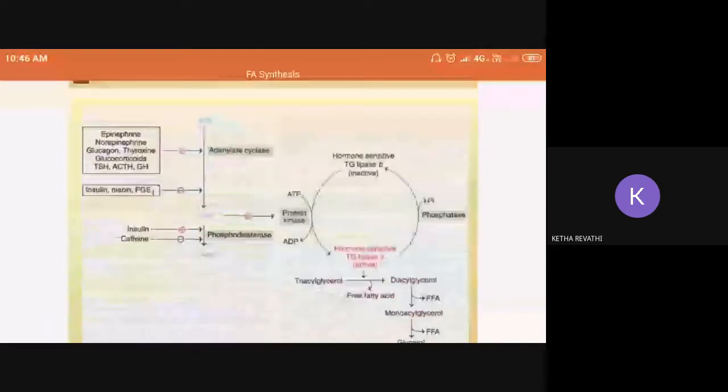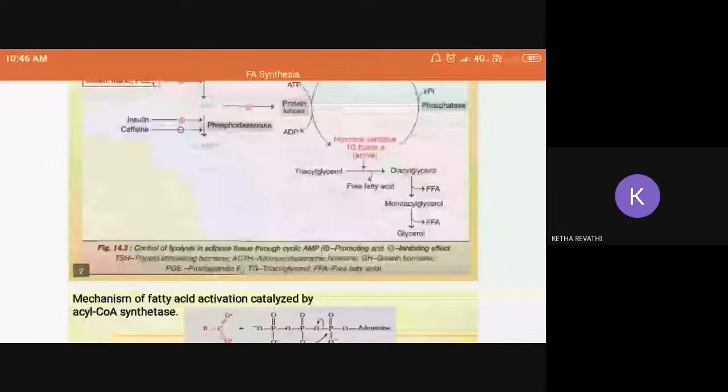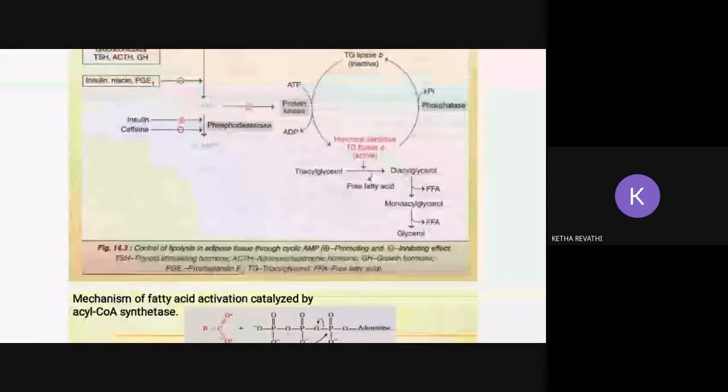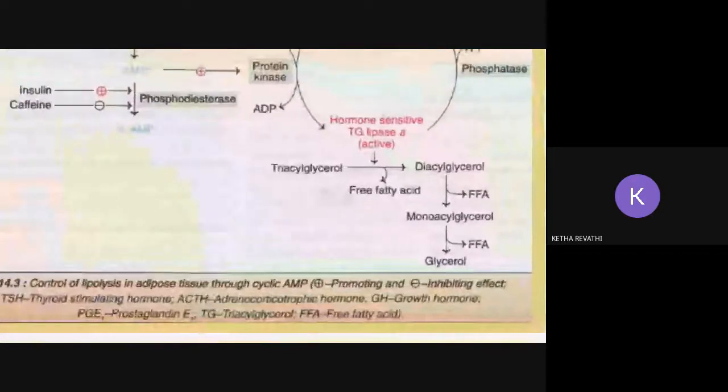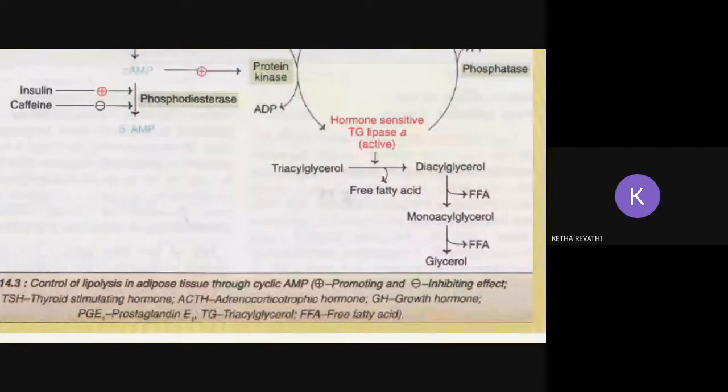Before explaining these three steps, you have to write this: fatty acids are present in the form of triacylglycerols. There are no free fatty acids in our body. 90% of fat is deposited as triacylglycerol in the adipose tissue.